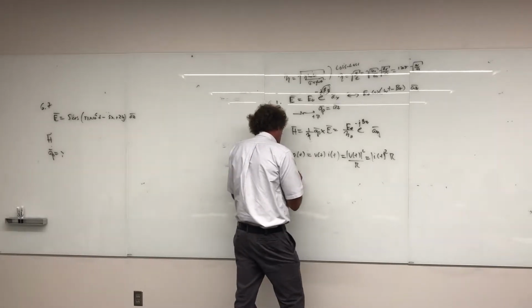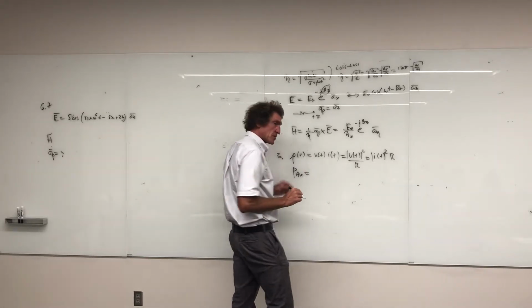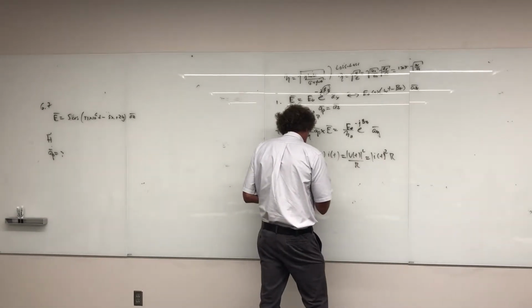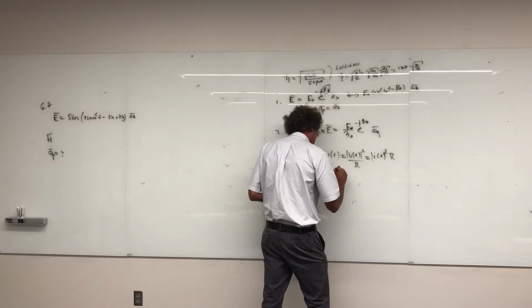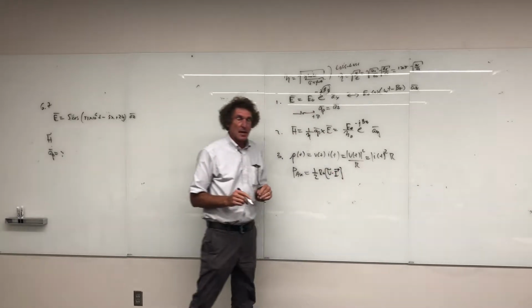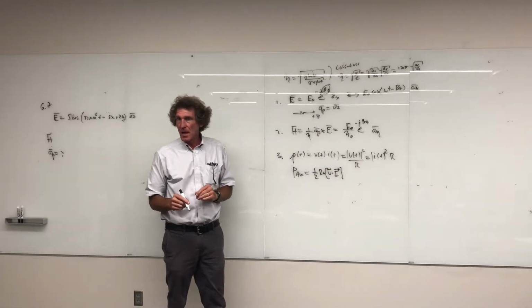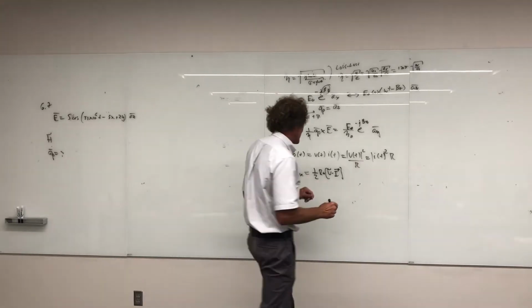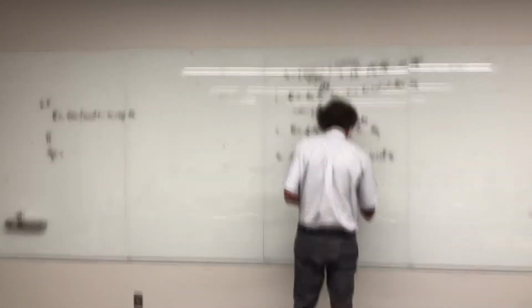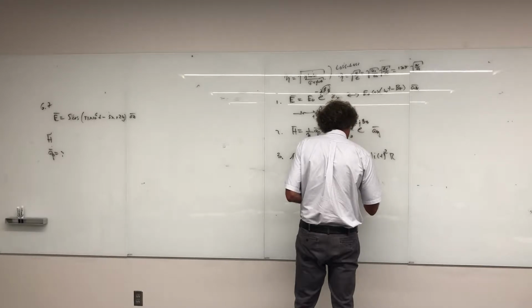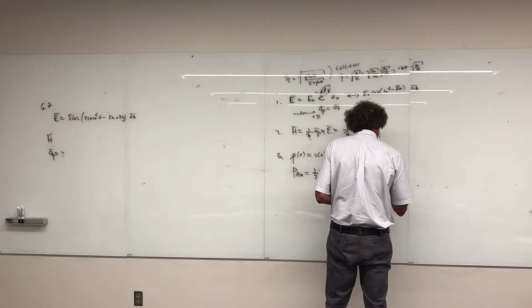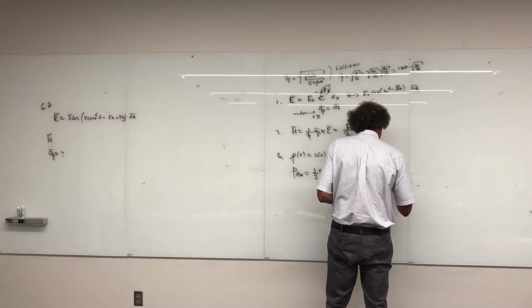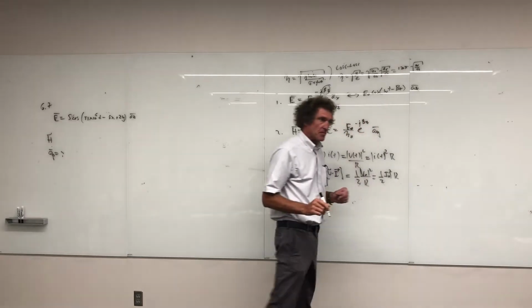When you did circuit analysis, the average form of power was 1/2 the real part of V phasor times I conjugated. Y'all remember that? For a resistor, this came down to 1/2 times V naught squared over R, or 1/2 I naught squared times R. I'm just refreshing your memory.